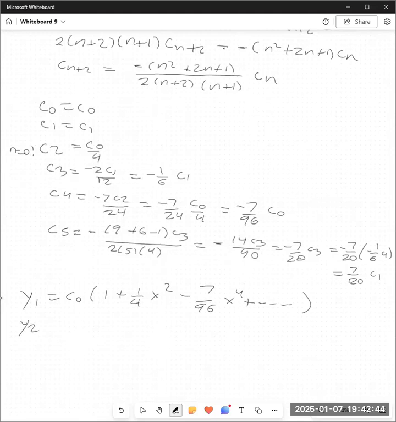And y_2 is equal to c_1 times x minus 1/6 x to the 3rd plus 7 over 120 x to the 6th minus dot dot dot, because these are alternating in sign. After the first term here it's plus minus plus minus, this is minus plus minus plus, and so on.